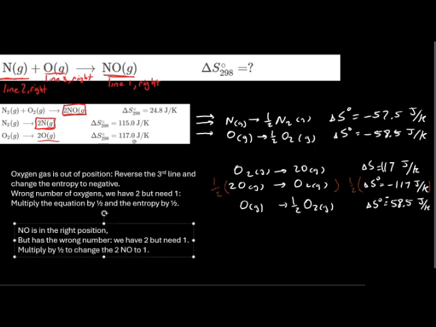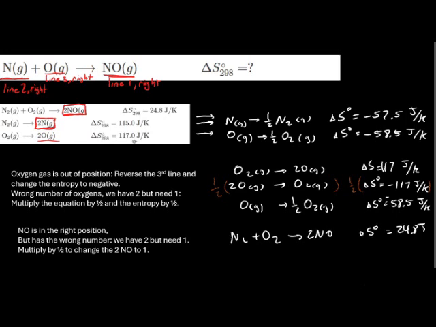Let's write down our old line 1, which is N2 plus O2, yields 2 NO with an entropy value of 24.8 joules per Kelvin. Now we're going to multiply everything by 1/2, including the entropy.